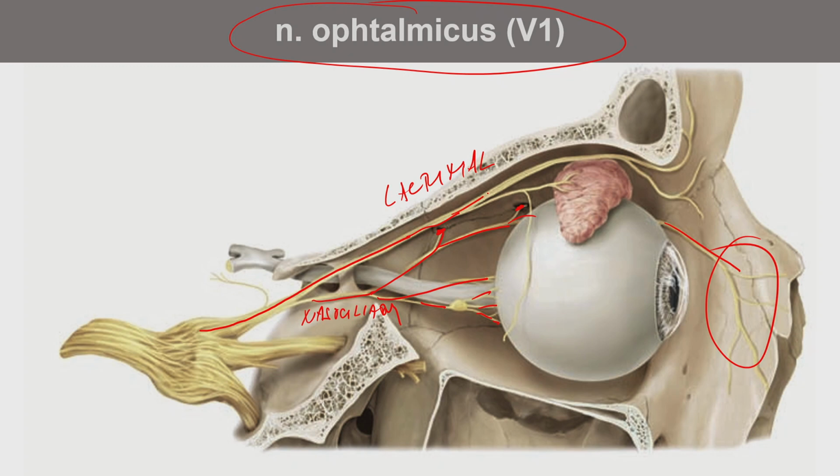Lacrimal then is divided into the branches which are really innervating lacrimal gland, but then they are escaping outside from the skull through the notch or sometimes foramen supraorbital.